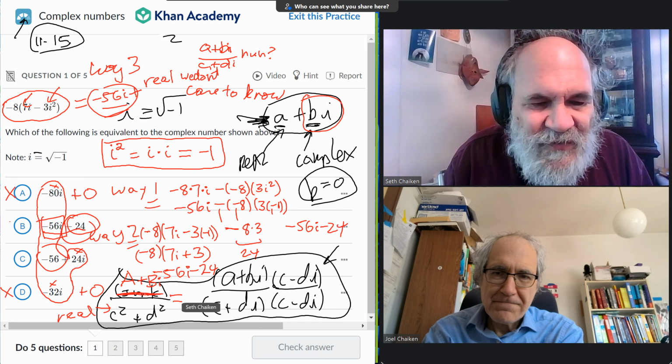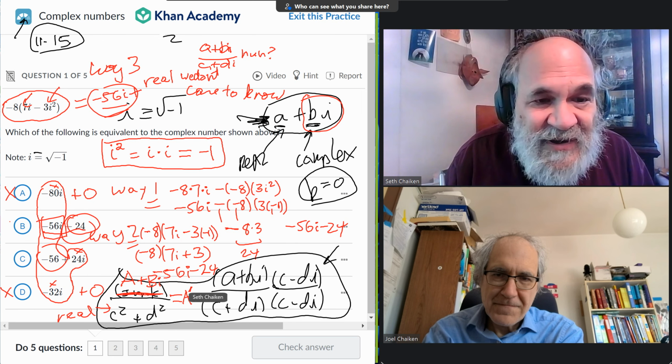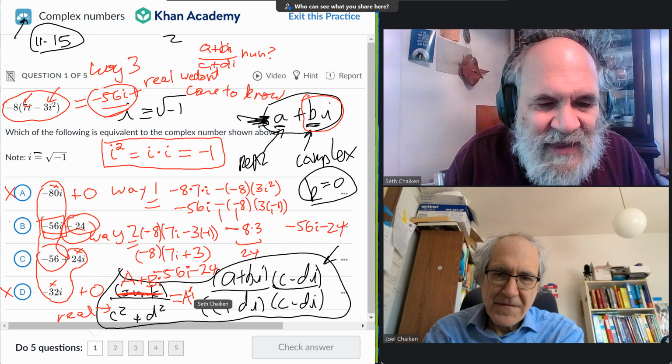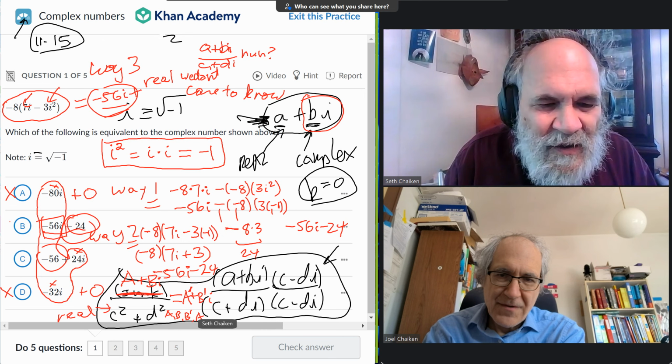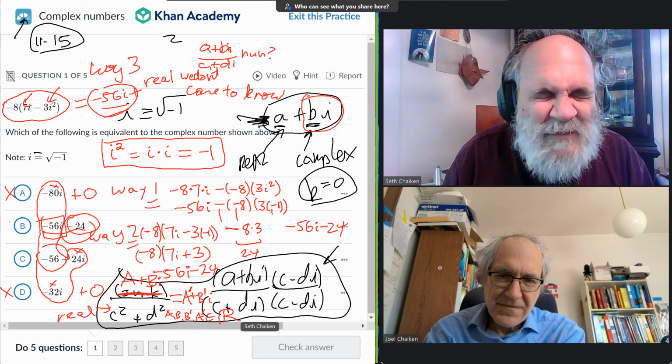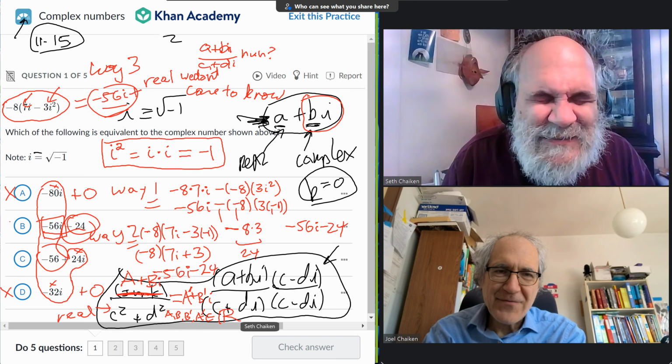So this has the form, with different a's and b's, a prime plus b prime i, where a prime and b prime are real. That's the fancy way mathematicians write it.